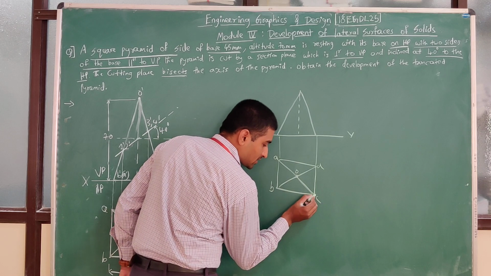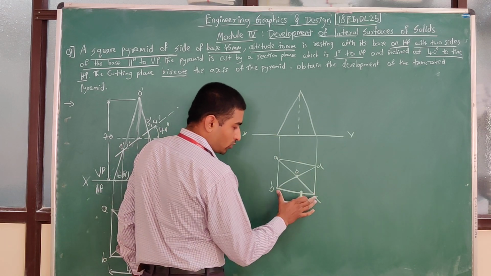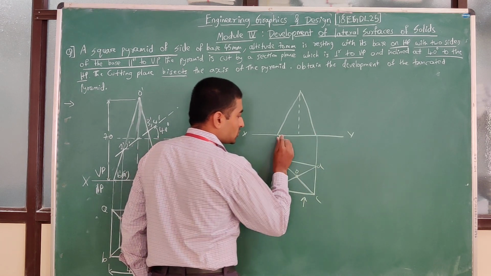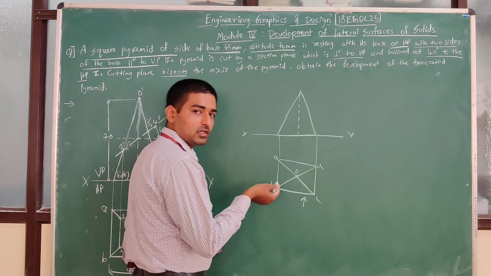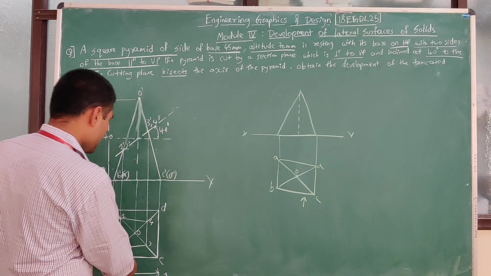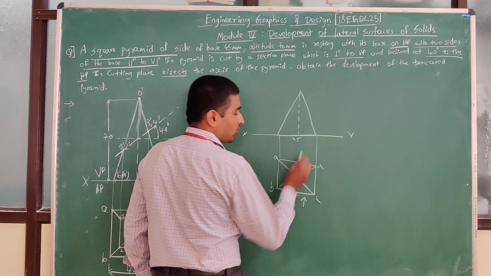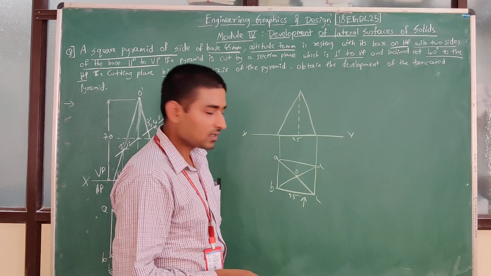Now since this B to C is a line which is parallel to XY, when I project this length here, it will be exactly the true length of B to C. For example, in this question the length is 45, so if this is 45, even this will be 45. Correct? Yes.